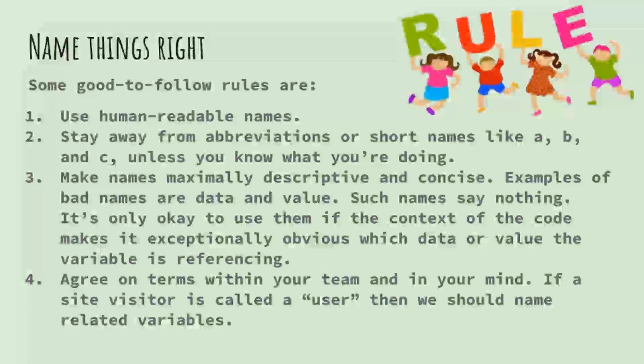For example, bad names are data and value. Such names don't make any sense. It is only okay to use them if the context of the code makes it exceptionally obvious which data and value they are talking about.